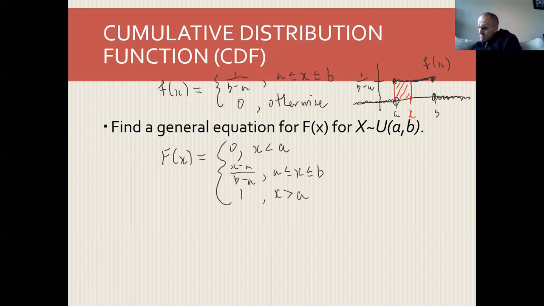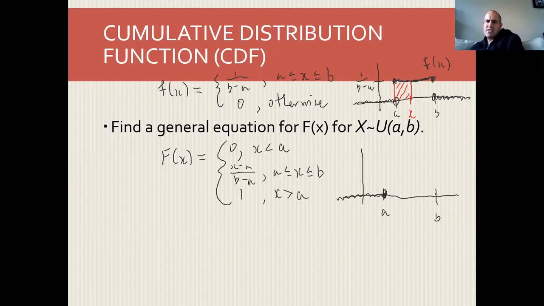And of course, the graph of this looked slightly different from the graph of the PDF. So here's A, here's B, and this thing is going to be coming along like this. If I plug in A, I get 0 whether I'm below A or at A. If I plug in x equal to A into the x minus A expression, I'm still going to get 0.